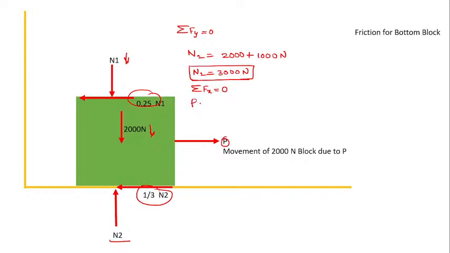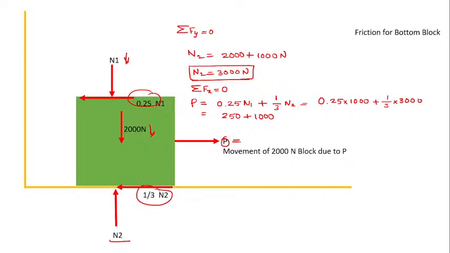Therefore, P equals 0.25 N1 plus 1/3 of N2, that is 0.25 into 1000 plus 1/3 of 3000, equals 250 plus 1000.